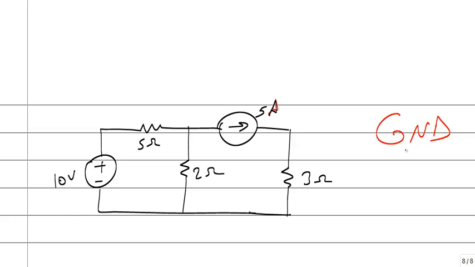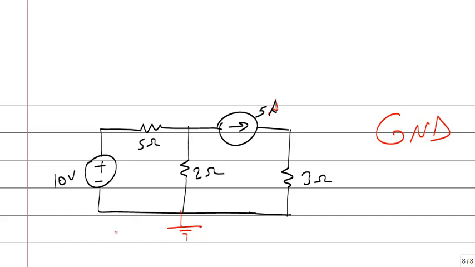Ground. One of the nodes is selected as a reference. That's called the ground. Which node should be the ground? There is not any restriction. This can be a node, this can be a node, or this node can be a ground. All of them can be a ground. But the negative side of the voltage source is preferred.